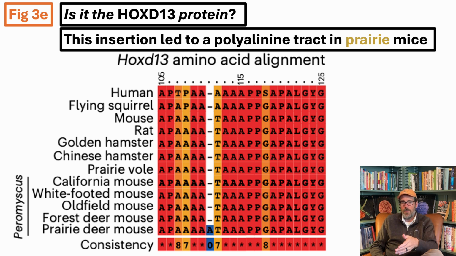So it's only the prairie deer mouse that has this extra 3 base pairs, which leads to another alanine, which leads to a polyalanine tract. There are 5 alanines in a row. This is a polyalanination, I guess you could say. And so there is a difference in the protein between the prairie and the forest ecotype.